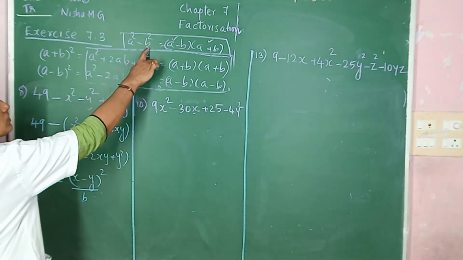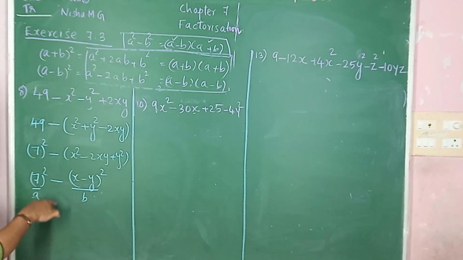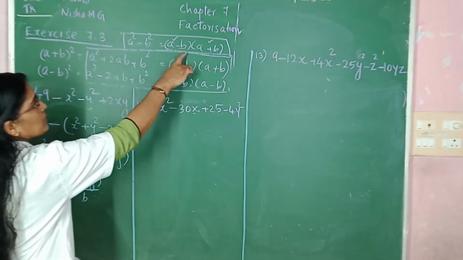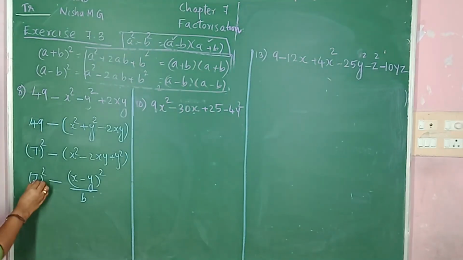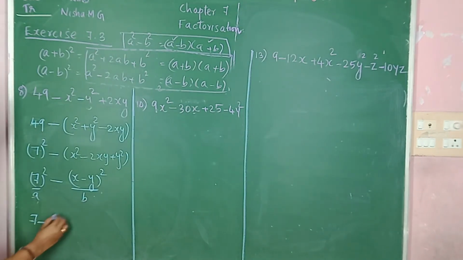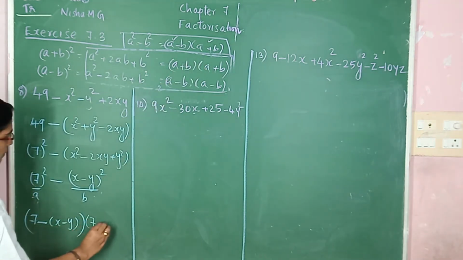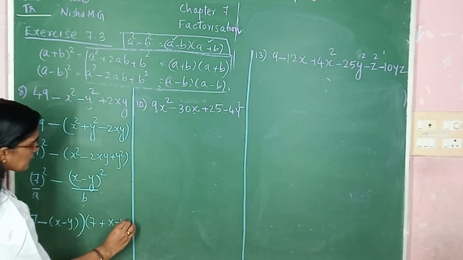A square minus b square, what are the factors? Now we are going to factorize. The factors of a square minus b square are a minus b into a plus b. Here what is a? 7 minus what is b? x minus y, into the second factor a plus b. What is a? 7 plus what is b? x minus y.